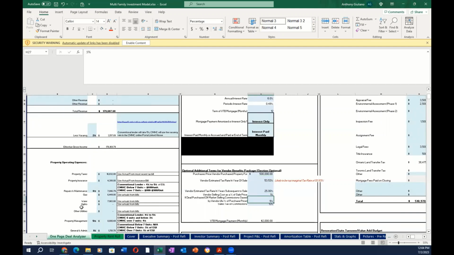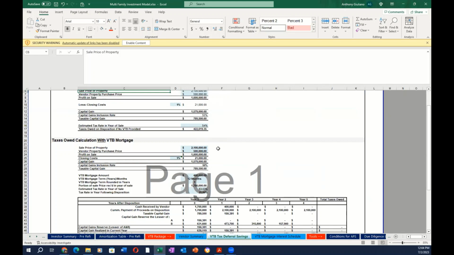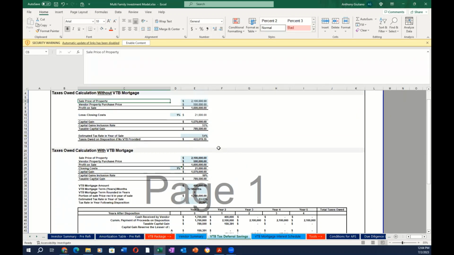It'll also maybe require you to understand, if you're buying off market, what the commission will be and what the sales tax will be. But I think it's nevertheless a good representation, or it may not be 100% accurate, but it will be a good representation to the vendor to visualize the savings they'll realize through a VTB mortgage.